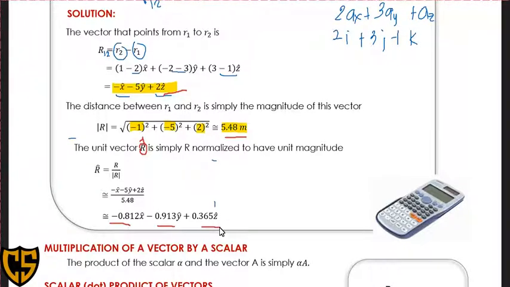So that is how simple it is to find a vector between two points. To find the distance, we just find the magnitude. And for a unit vector, we just divide the vector by the magnitude. That is how simple the first process for a vector operation is.